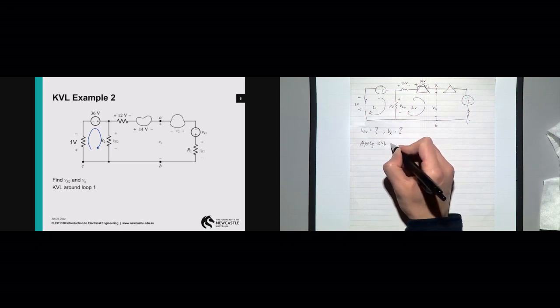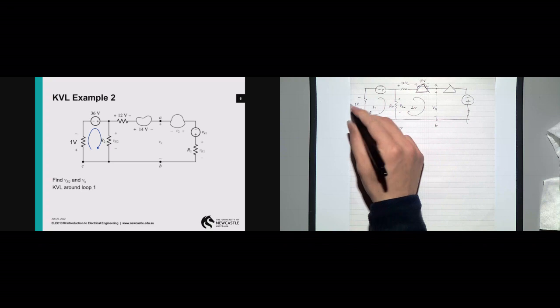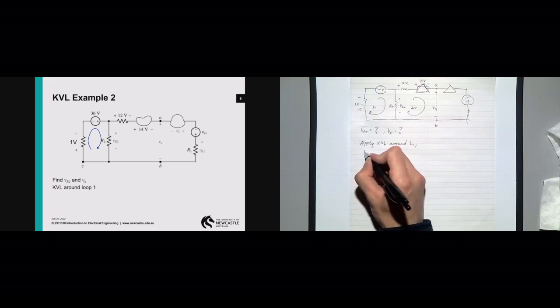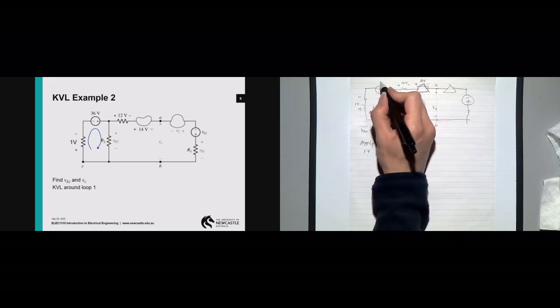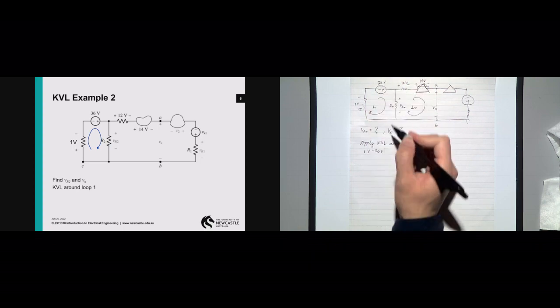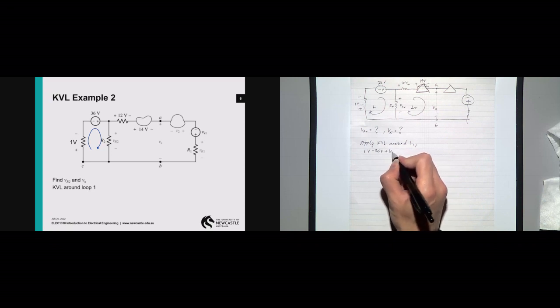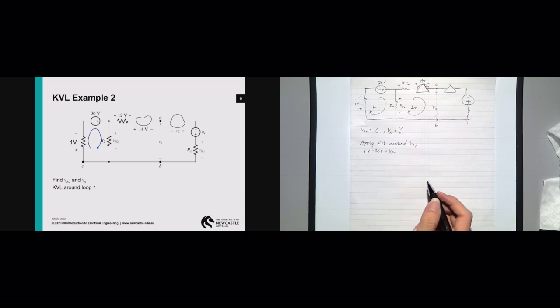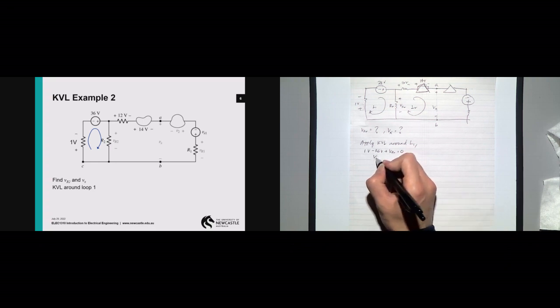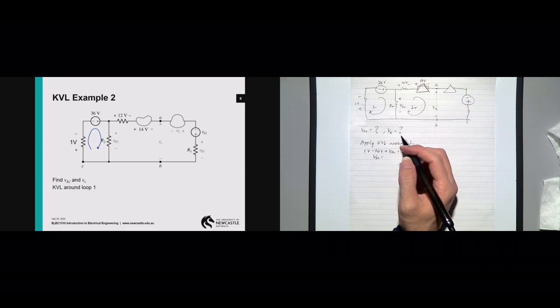Now, let's apply KVL around loop 1. Hitting here, I have 1 volt. This one, negative 36 volts. Hitting this one, plus VR2 equals 0. This is loop 1. So VR2 is equal to?